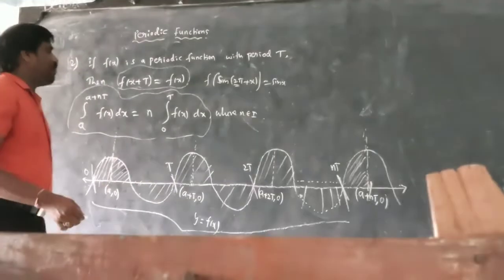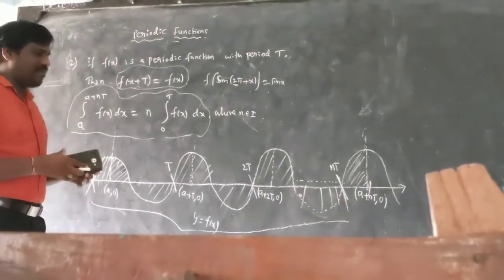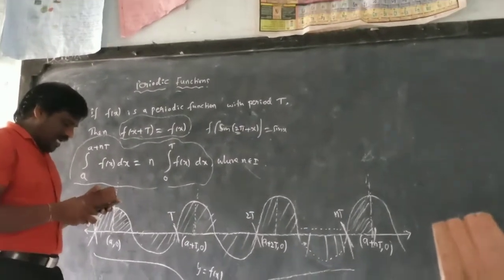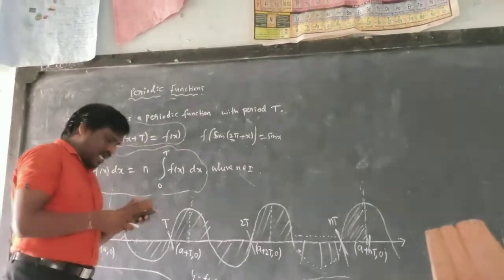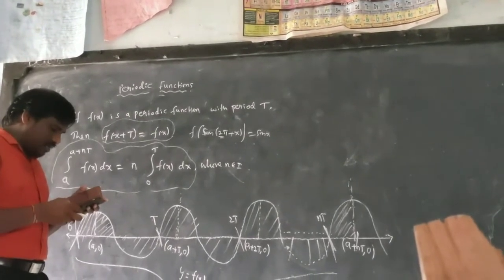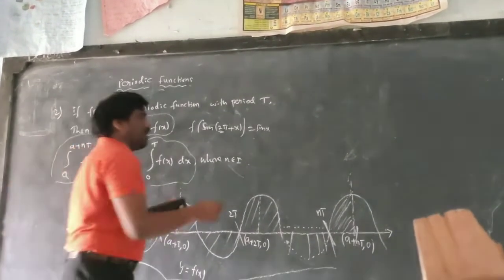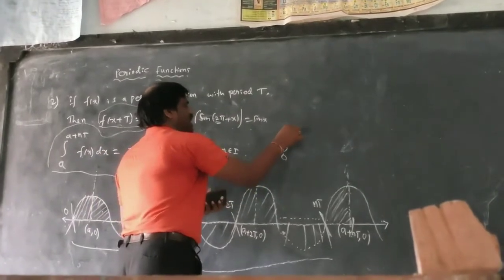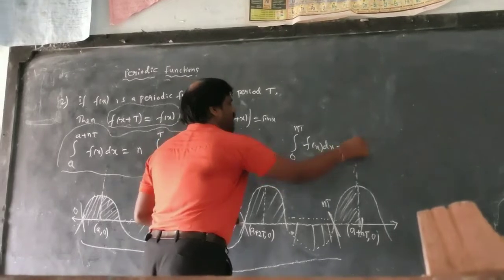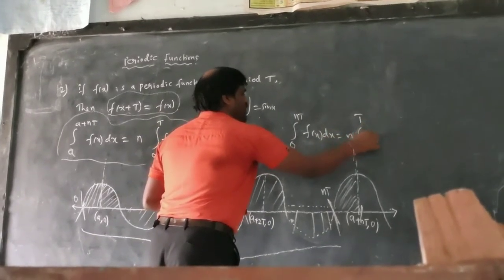According to the first property I explained, the integration from 0 to nT of f(x) dx is equal to n times the integration from 0 to T of f(x) dx.